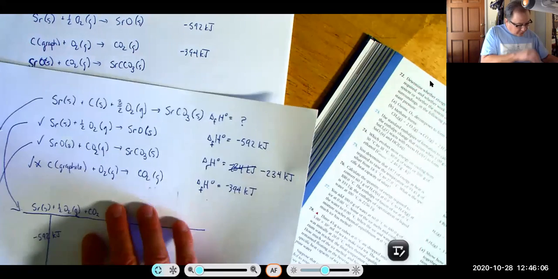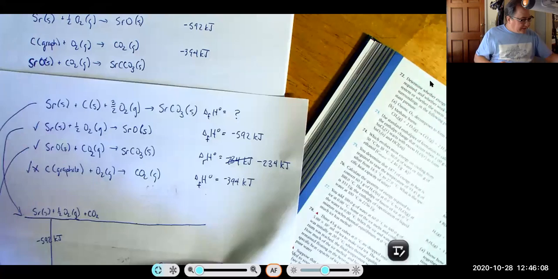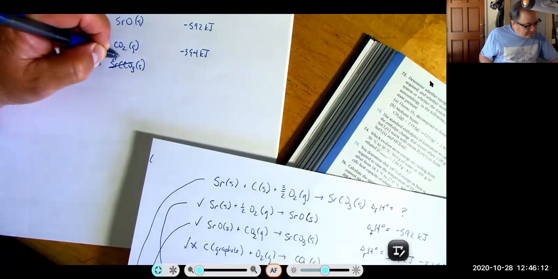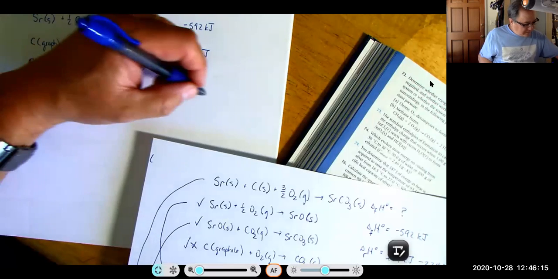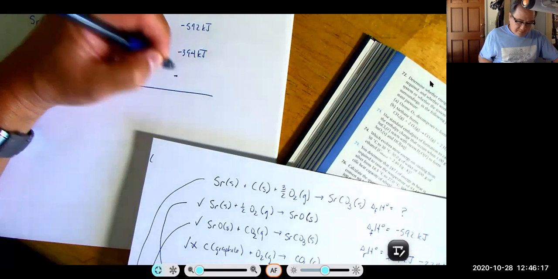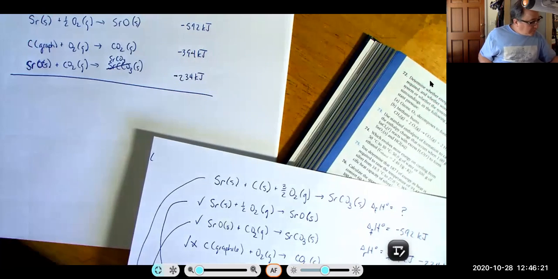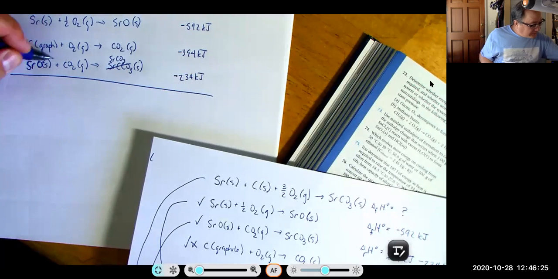Okay, so we put all 3 of these reactions together, and let's see if they add up to what we want. Okay, so these cancel.